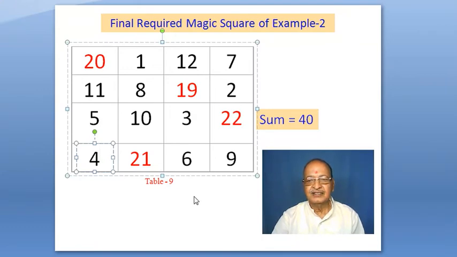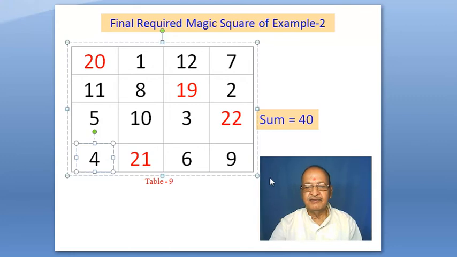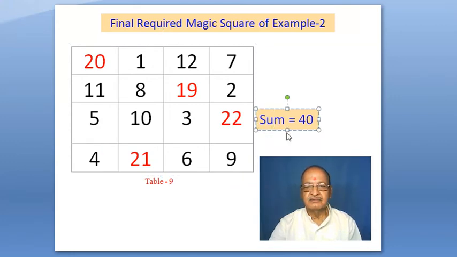So it is very interesting and amazing. You will not find it anywhere in the book, or rarely you will find it on the web also. So this is one of the magic squares.